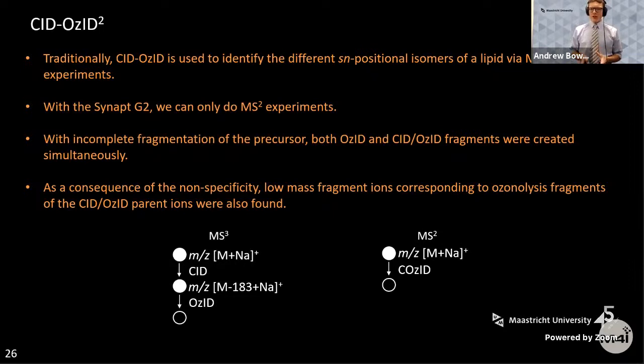There is the slight consequence of non-specificity. There are some low mass fragment ions that are invisible or lost, but we're able to detect our CID fragments, our OzID fragments, and some CID-OzID fragments all in one experiment, which we can use to recreate what the original lipid looked like.